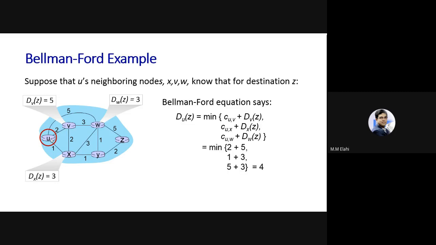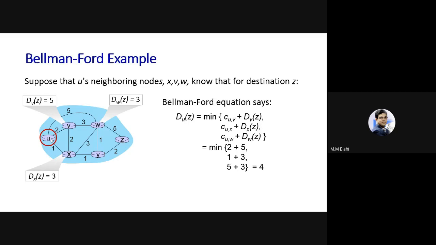Now see, 2 plus 5, because V says to you, the minimum distance to Z from my point is 5. Similarly, W says the minimum distance to Z from my point is 3. Similarly, X says the distance to Z from my point is 3. And the other 3 you already know. You calculate the total and find that if I go through X to Z, that is the minimum. So this is how distance vector routing works.